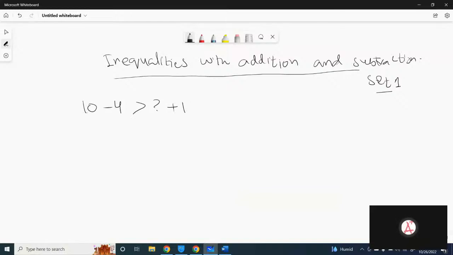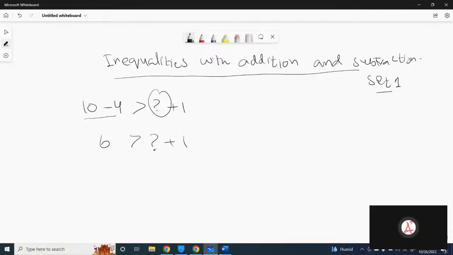You have to find the missing number. We have to start with the side where you are given both the numbers. Just subtract 10 minus 4. So 10 minus 4 is 6, and 6 is greater than the missing number plus 1.